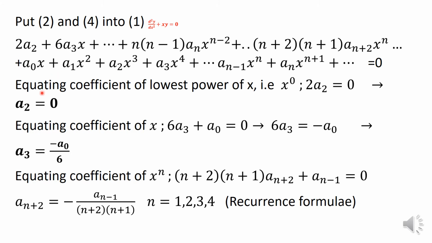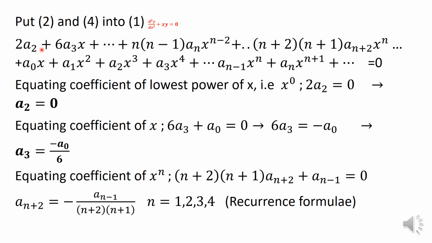So now, getting the coefficient of the lowest power of x. The lowest power you see here is x⁰, then x here and so on. Here a0x, a1x², x³, x⁴ and so on. So it means the lowest power is x⁰.